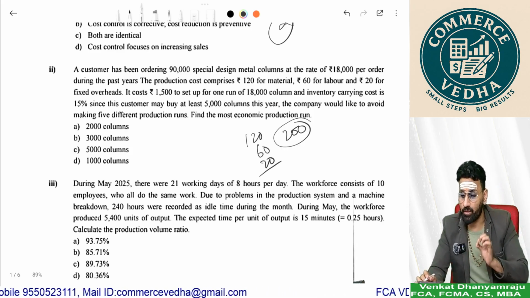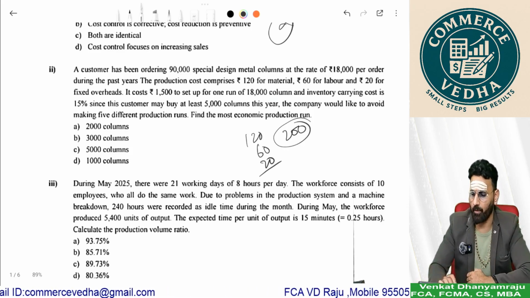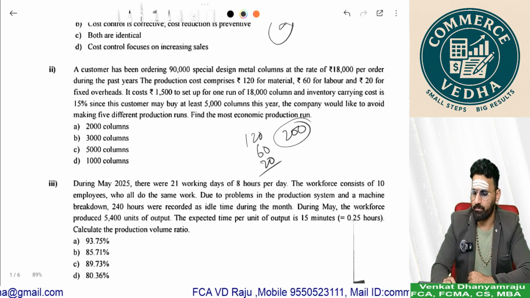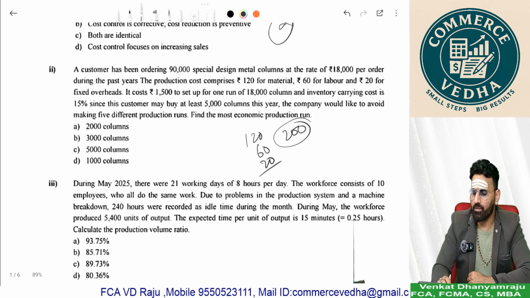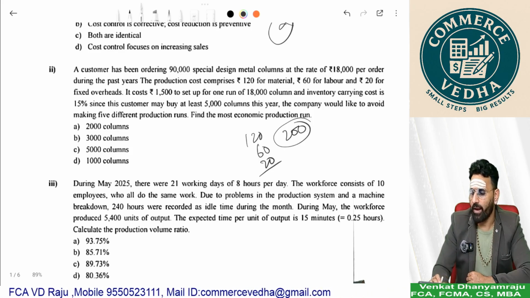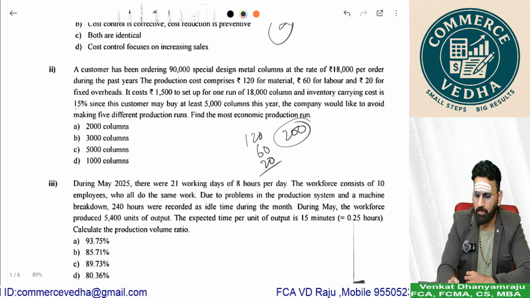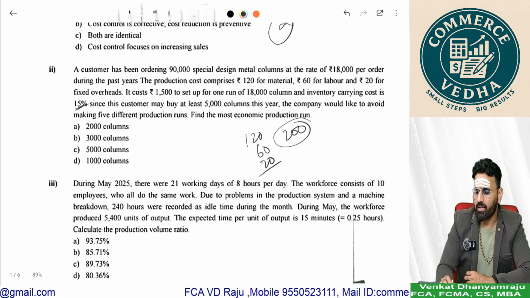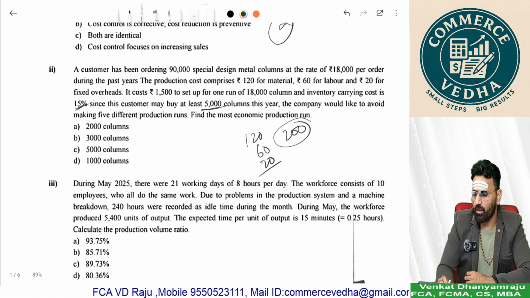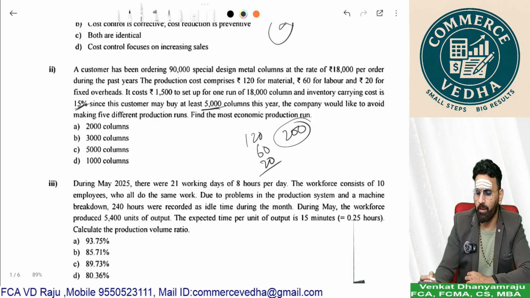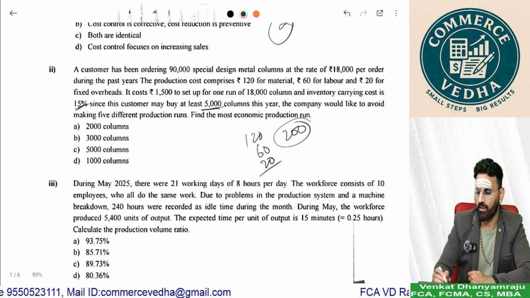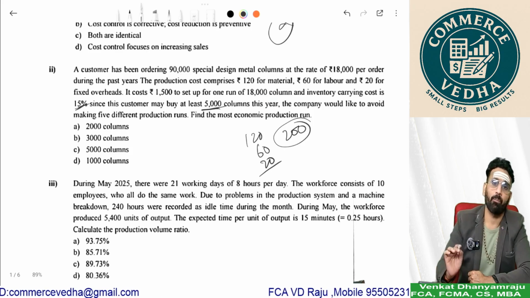Right now, it costs 15,000 setup for one run of 18,000 columns, and inventory carrying cost is 15%. Since the customer may buy at least 5,000 columns this year, the company would like to avoid making 5 different production runs. Find out the most economic production run.